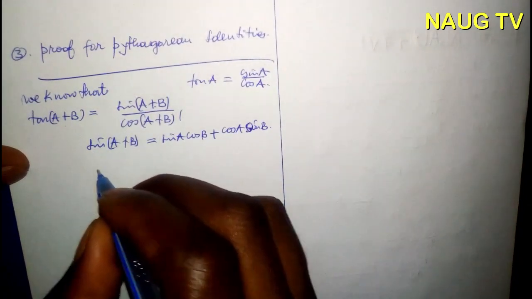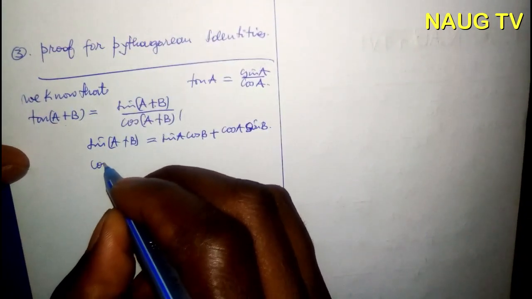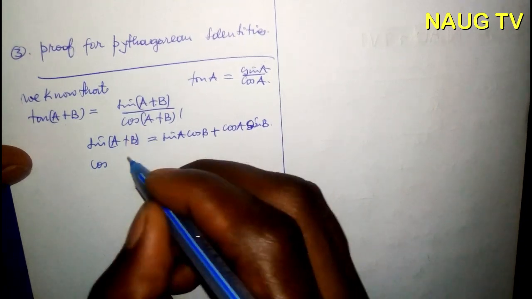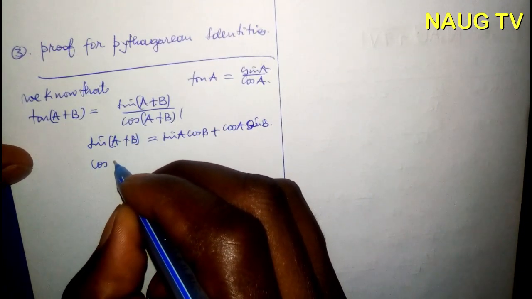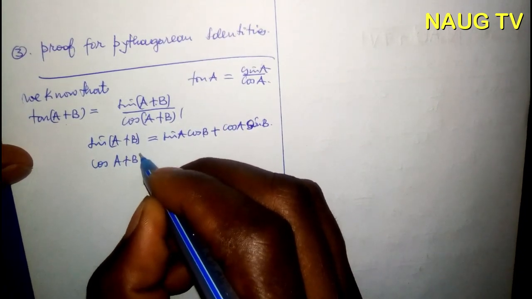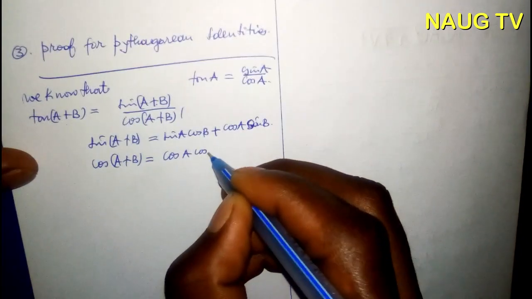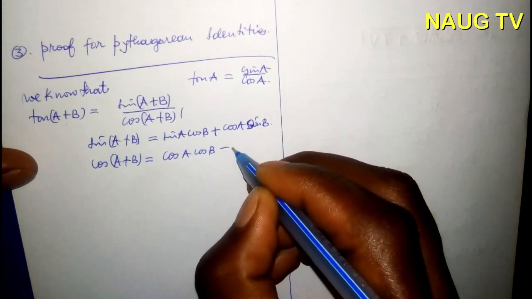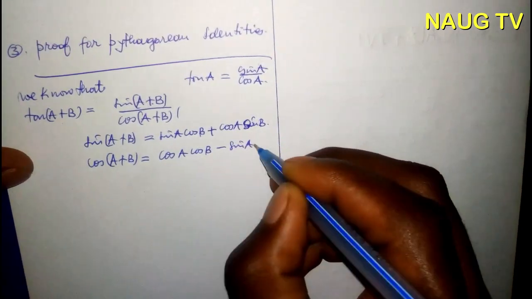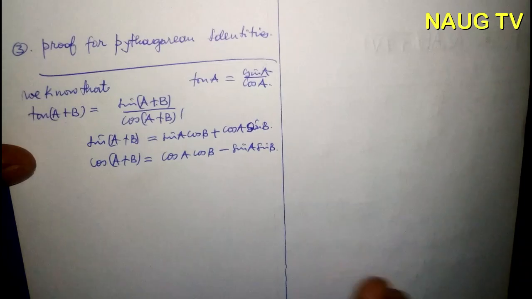And also we have seen in the previous video that cosine of A plus B equals cosine of A cosine of B negative sine of A sine of B, right?